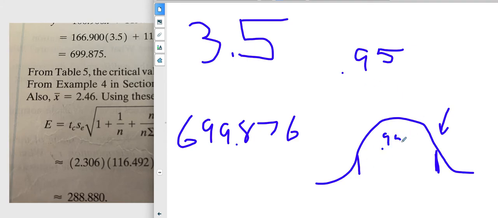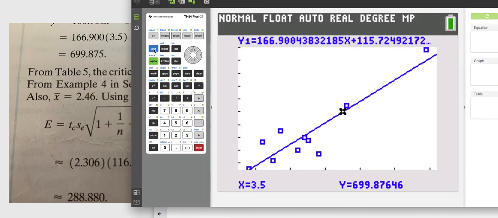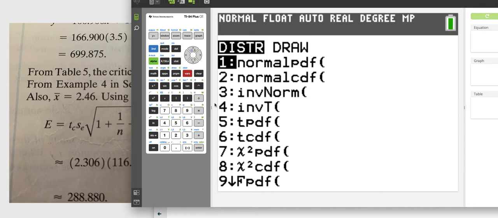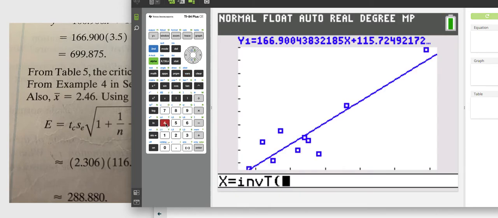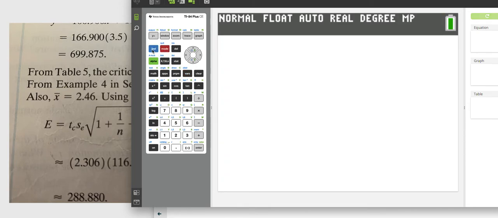0.95 is what's between these two lines. So if I add on this little bit here, that should give me this critical value, right? The area. Okay, if you remember, we've done this before. We go to vars, number 4. Oops, I don't want to do it in here, so quit out of that. Let's try that again. Go to vars.